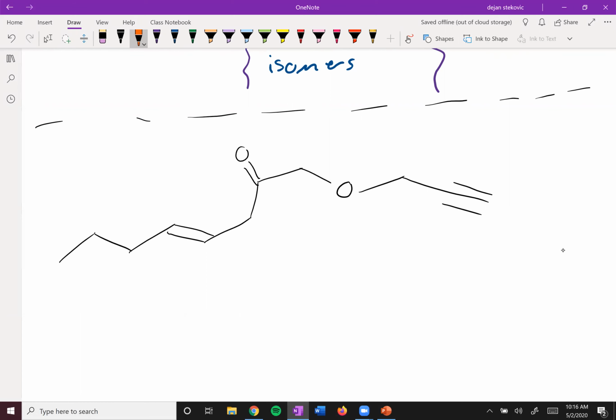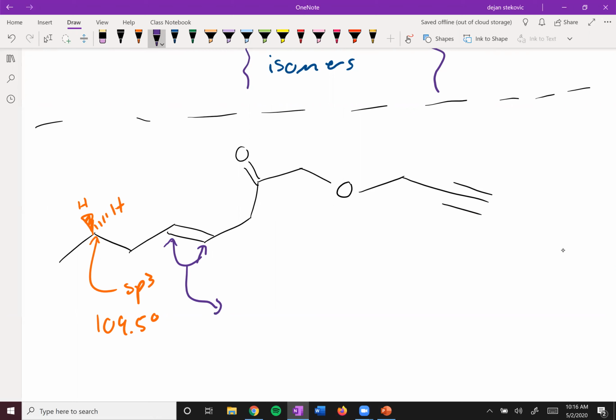So think about this carbon right here. It's got 2 bonds here. But remember, carbon always has 4. So there's an H coming out of the board and then H going back into the board because this is an sp3 hybridized carbon. And all of these bond angles are 109.5 degrees. Think about these 2 carbons right here. There's a double bond.